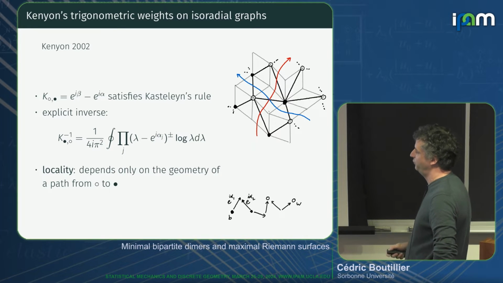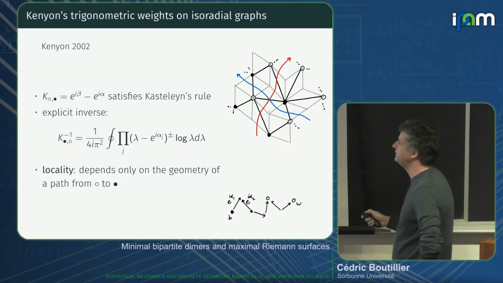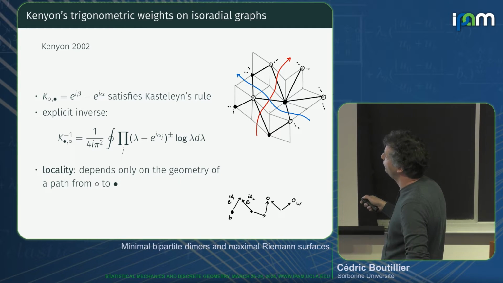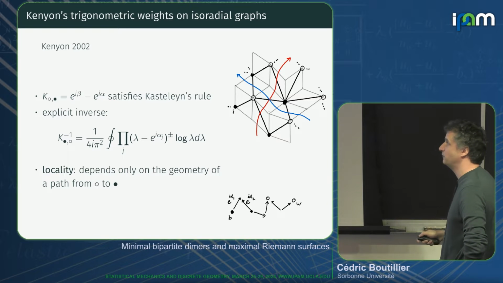So the vertices of the isoradial graph are every second vertex of the gray graph here, and they are connected by diagonals of rhombi, and they are called isoradial because of the following property. If I look at the vertex of a rhombus which is not a vertex of my graph, for example this point, well, it is at distance exactly 1 to every other vertex around the face.